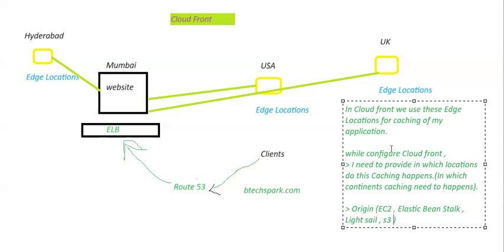So while configuring our CloudFront, we need to tell in which origin, that means in which service my application is present. By using origin, you select in which service my application is present. And we also need to provide in which continents I need to cache, right?